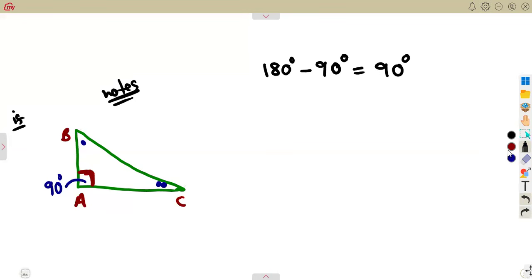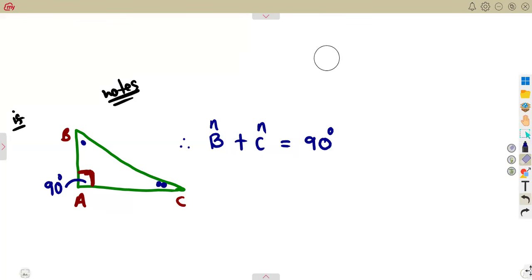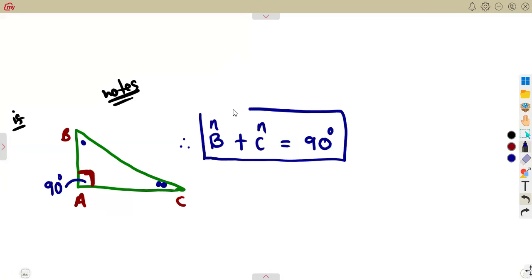So if this triangle is given like this, angle B plus angle C is equal to 90 degrees. From the property that angles in a triangle add up to 180, we have removed the 90 degrees, so the remaining two angles must give us what?